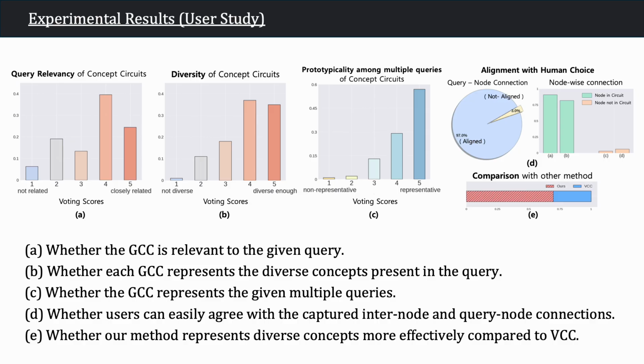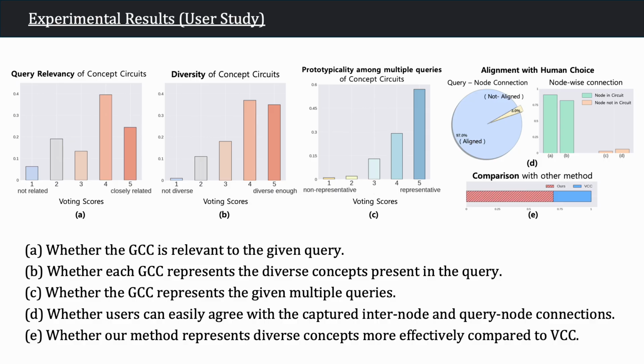As shown in this figure, the average scores were 3.65, 4, and 4.45 out of 5, indicating that the extracted circuits are generally meaningful and well structured. The significantly lower score for query-relativeness suggests that our method sometimes identifies not only the main objects, but also contextual or background features, capturing broader concepts.